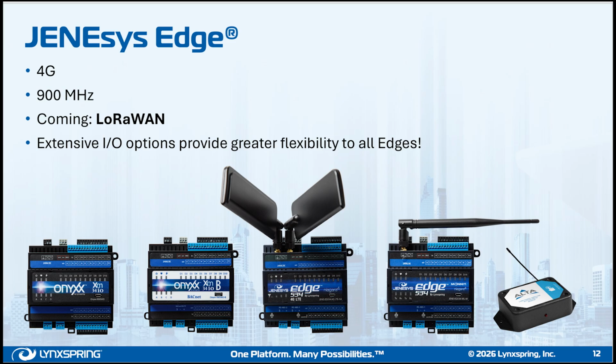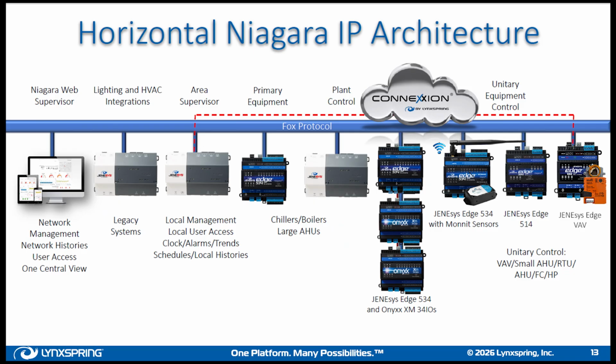Next slide, please, Charles. We talk about now with a JENEsys Edge portfolio at your fingertips, including what Niagara Web Supervisor, including JACE 9s. You can literally create a horizontal IP architecture wherever your applications require it.